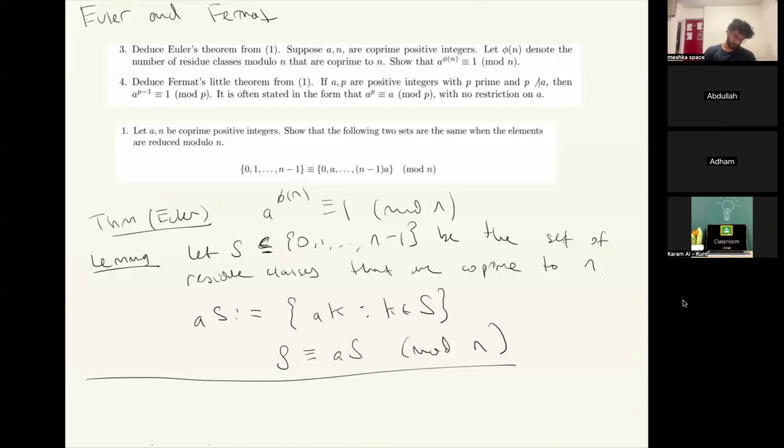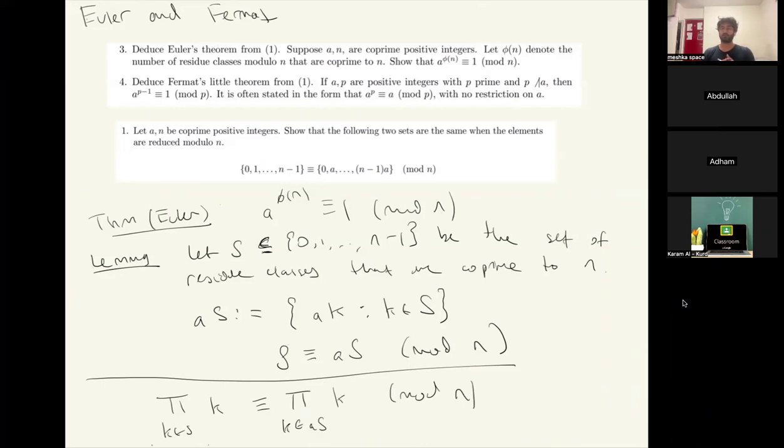So I want to take the product over k in S of k. So I'll write it like this. I multiplied all the elements in S, that's what this notation means. It should be the same as multiplying all the elements in AS because they're the same set, right? Modulo n, they're the same set. So when I multiply all the elements, they're the same modulo n.